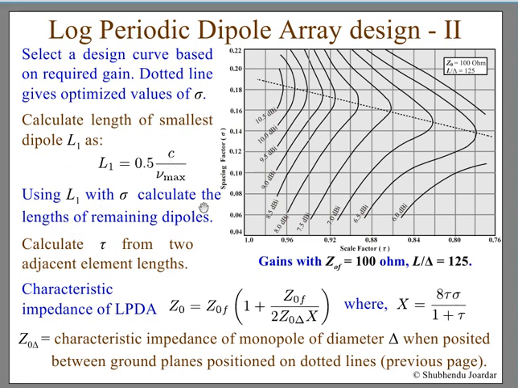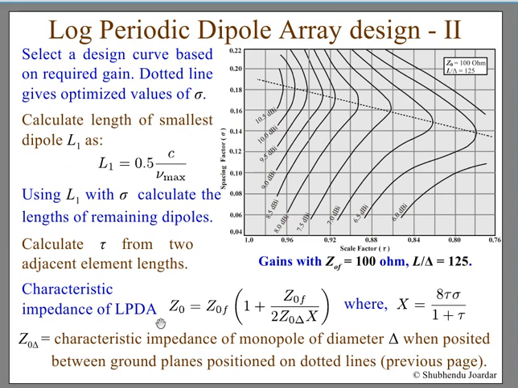Using L1 and sigma, calculate the length of the remaining dipoles. Calculate tau from two adjacent elements, and then you form the geometry, and that is how you can meet your bandwidth and all those things once you calculate sigma and tau.